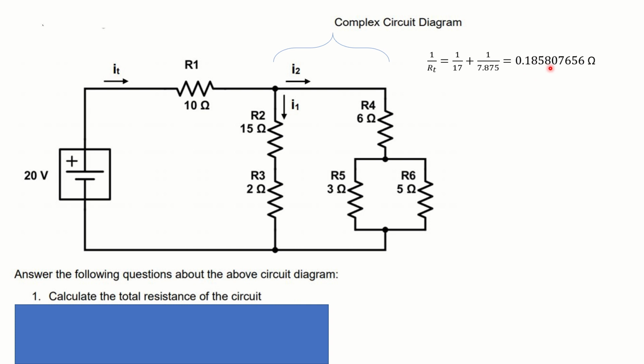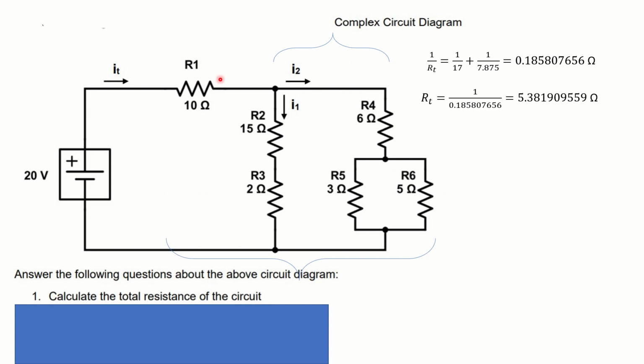Yes, you do need the whole thing, but that's not our resistance of that section because we have to take the inverse of it, which gives us 5.381909559. Again, yes, you do need all of it. So that is the total resistance of this whole complicated chunk here, is 5 and a bit.